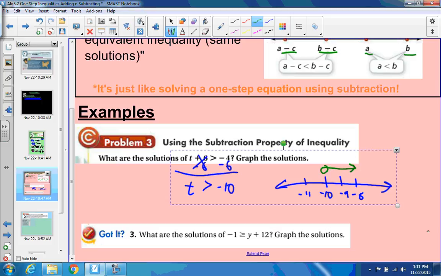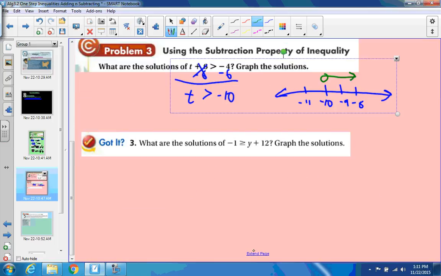Okay, and the one I'd like you to solve on your own, see what you get for y. And then you're going to have to make sure the y is on the left side after you solve for it. So your one step, hopefully you'll figure out, is the inverse of addition, which is subtraction. Subtracting that from both sides, and you're left with y on that side.